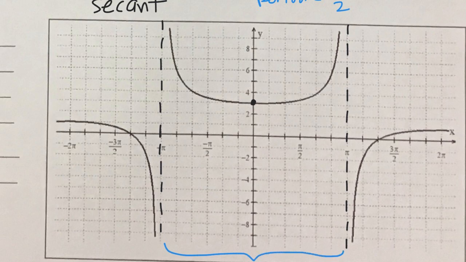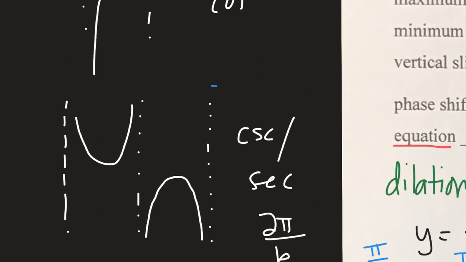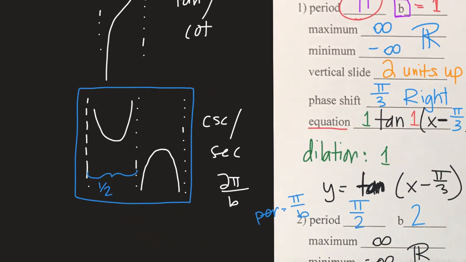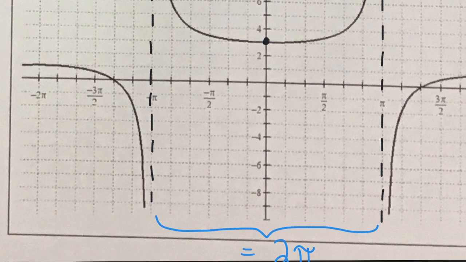Exactly 2 pi. Okay? And like I said up here, for our cosecant and our secant, we need to have 2 U's to make up the entire period. So if I only have 1 U, that's going to be half of my period. So that means that half of my period equals 2 pi.